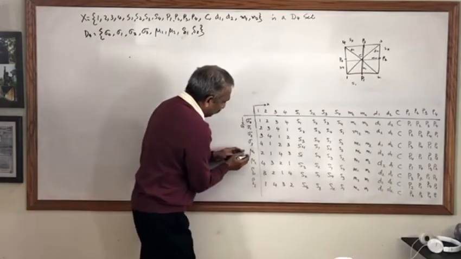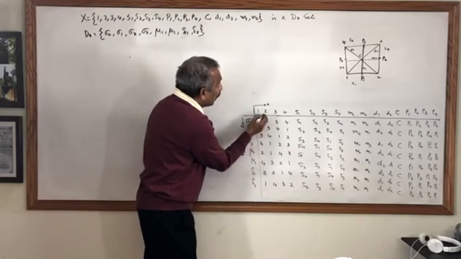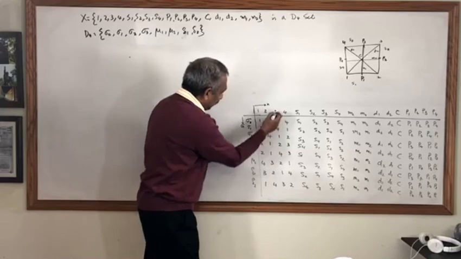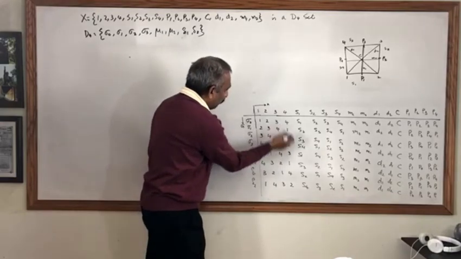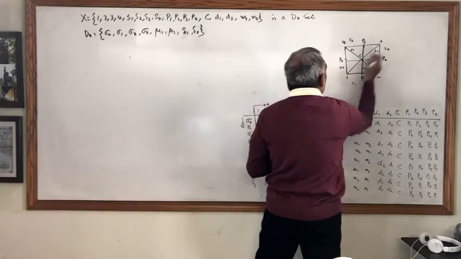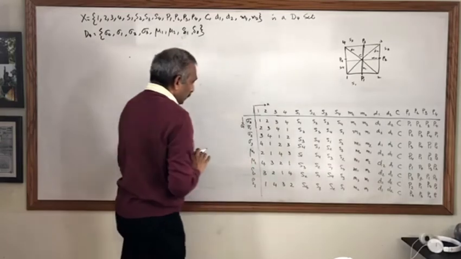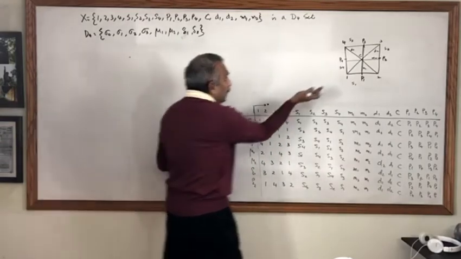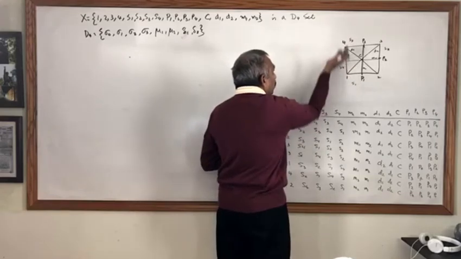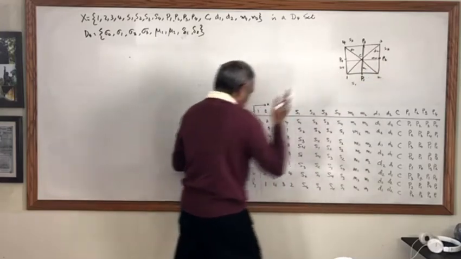So mu1, 1 will go to 2, and 2 will go to 1, 4 will go to 3, 3 will go to 4. Mu2 will be the horizontal shift, horizontal transformation. So 1 will go to 4, and 4 will go to 1, 2 goes to 3, 3 goes to 2.